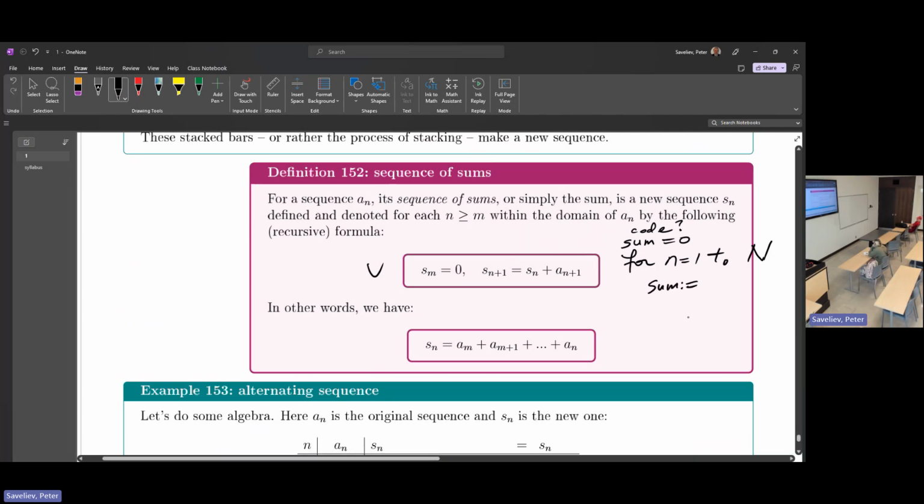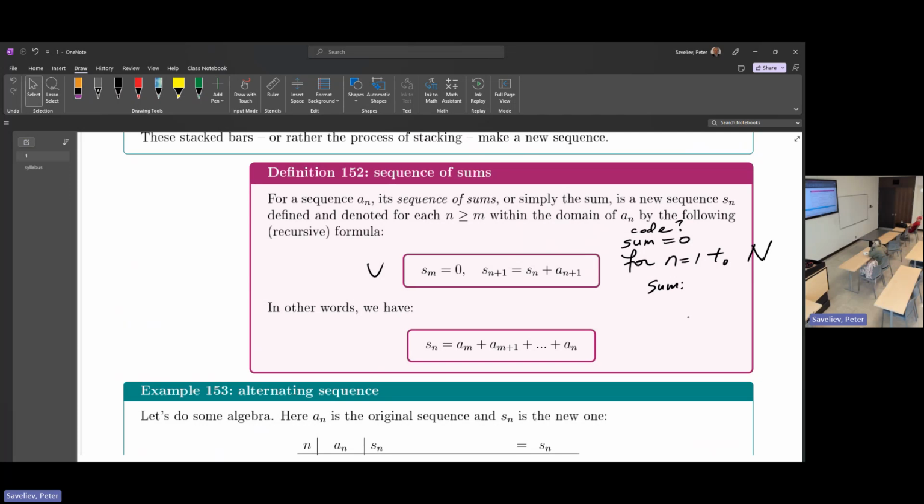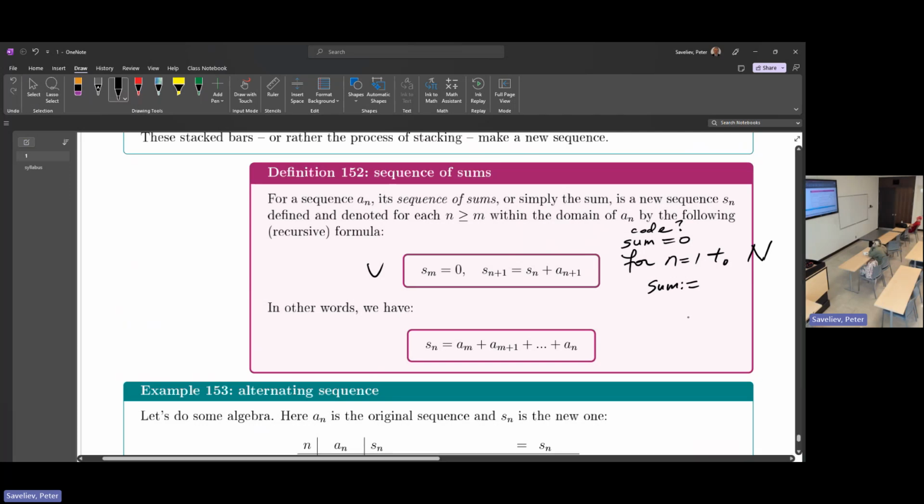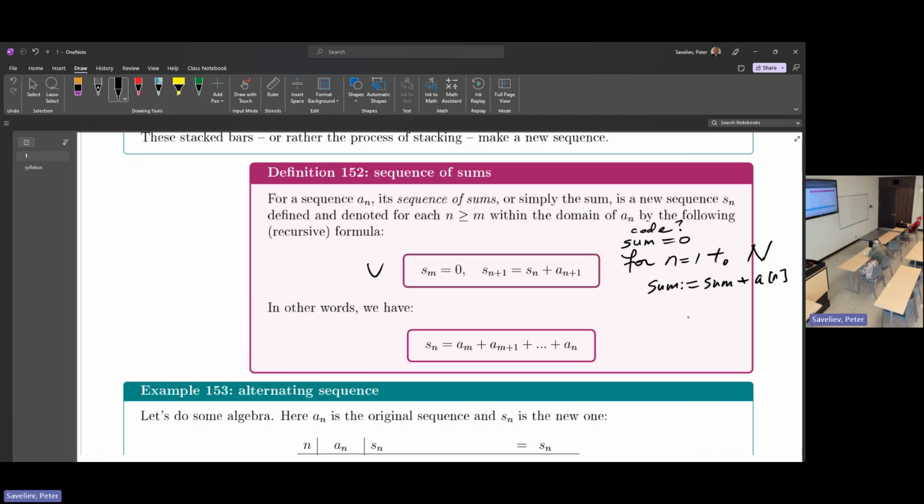Let's just write the formula that we already have: sum plus whatever is taken from that array or string of numbers, say a sub i. That's it. That's how you sum up the string of numbers. Just go one at a time, adding on top of it.